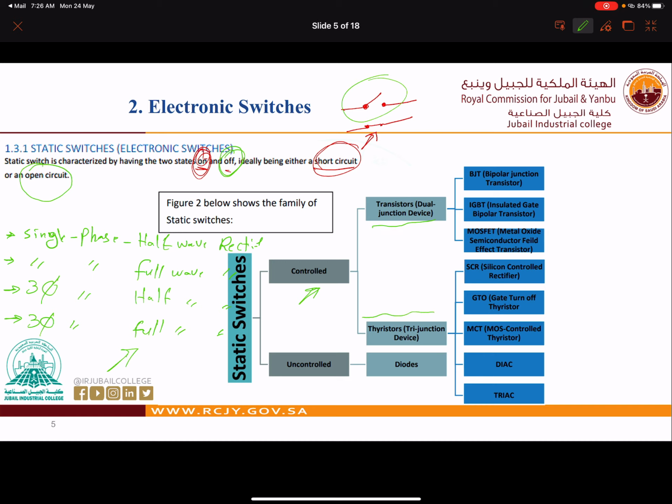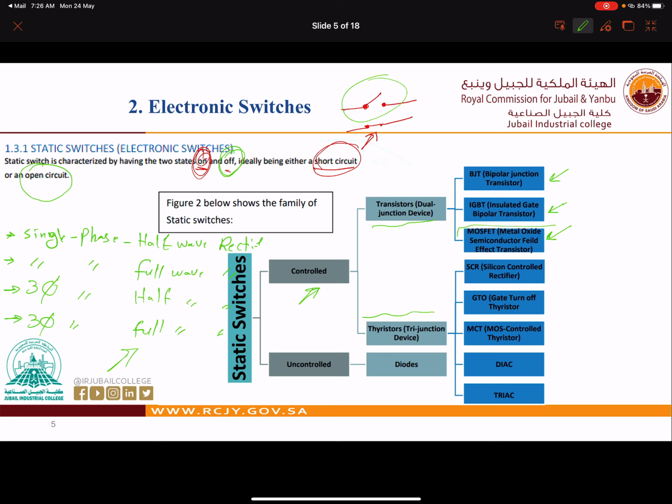Transistors, we have three types. We have BJT, which is bipolar junction transistor. We have IGBT, insulated gate bipolar transistor, and we have the MOSFET. Now the MOSFET is very important for us.